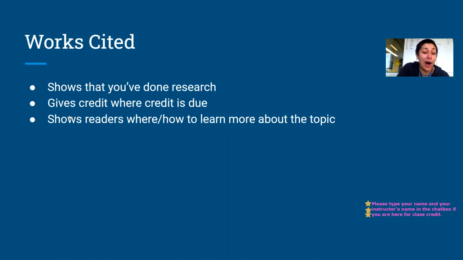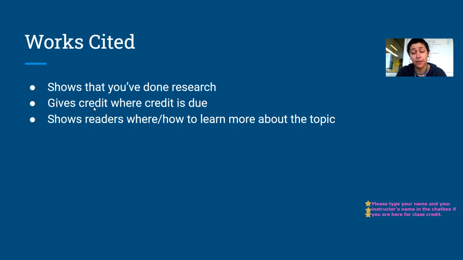So why it's important is, one, it shows readers how to learn more about the topic. It is that bridge from our paper to the source. We are giving our readers access to the same information that we had when we were writing and learning about this topic or this idea. Again, it gives credit where credit is due, and it shows that you've done research.